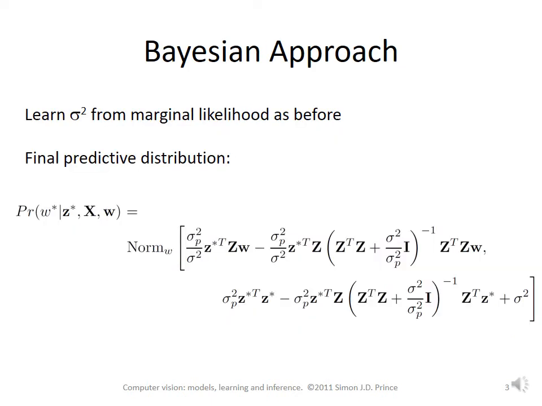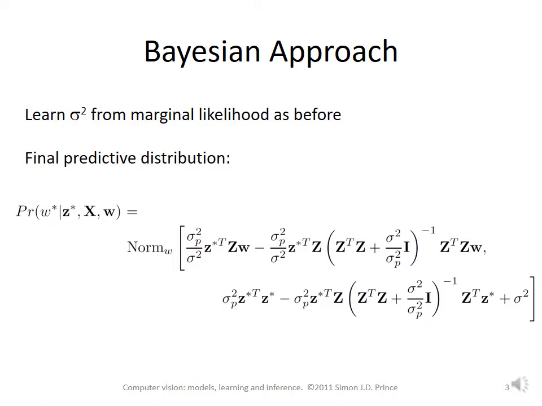So if we work out the formula for the distribution when we're making a prediction of W star given our input data X star passed through the nonlinearities, we'll get this slightly intimidating looking equation. So it's a normal distribution with a pretty complicated mean and covariance.